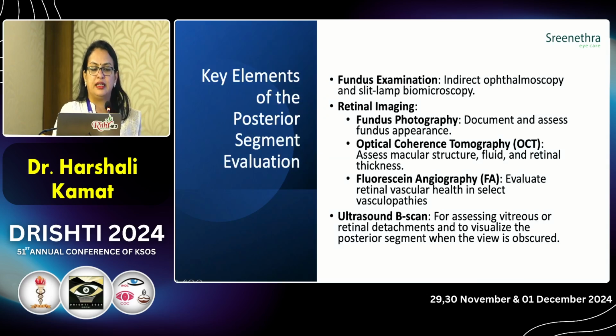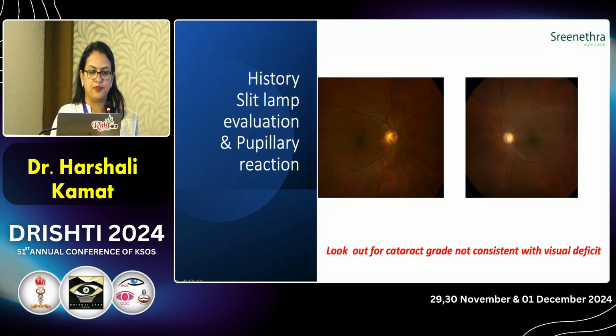So what are the key elements of posterior segment evaluation? One is a careful fundus examination, including indirect ophthalmoscopy and slit lamp biomicroscopy, utilizing retinal imaging such as fundus photography, optical coherence tomography, FFA in select cases, and ultrasound B scan in mature cataracts.